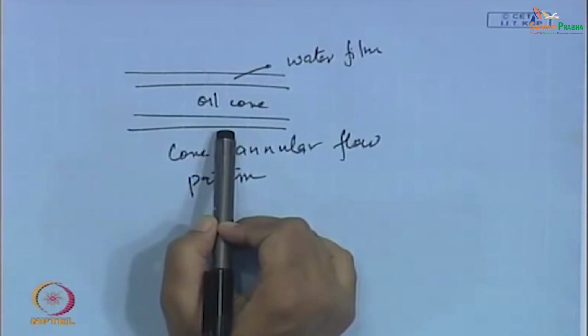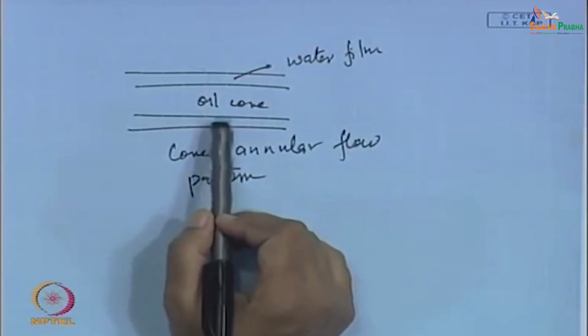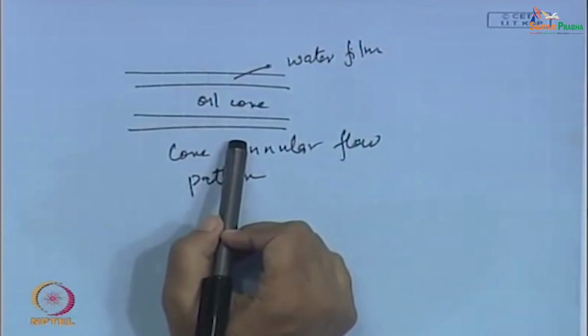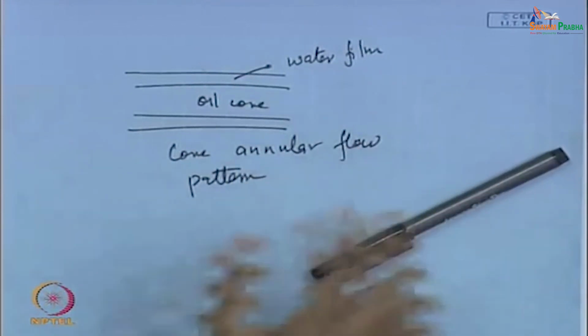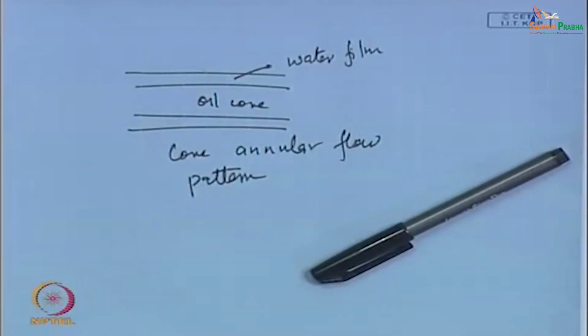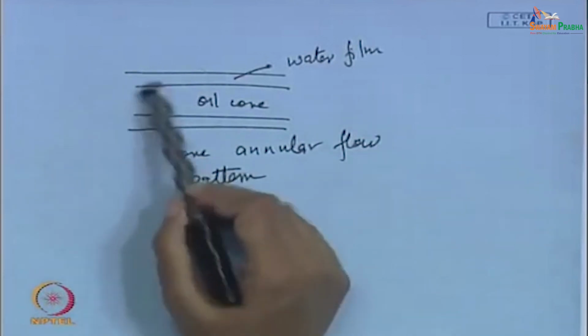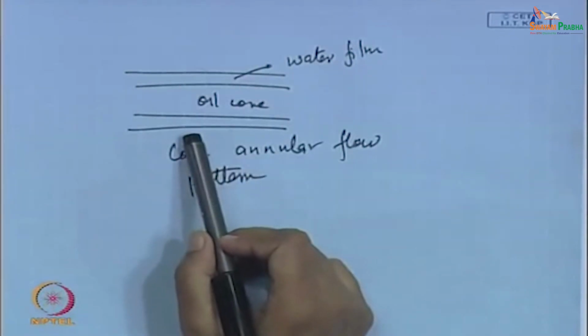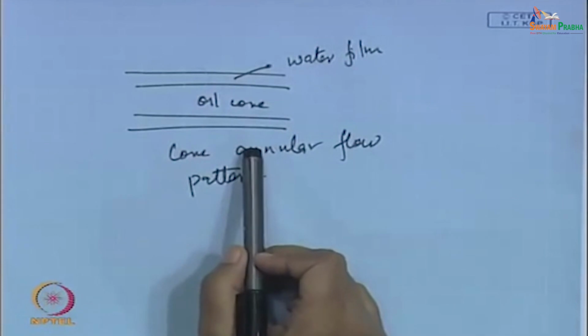So, this results in a drastic reduction of pressure drop, and this leads to a drastic reduction of the pumping power required, and therefore, it is a very attractive proposition as far as oil exploration is concerned. So, therefore, this particular idea we had got from our studies of two-phase flow only.